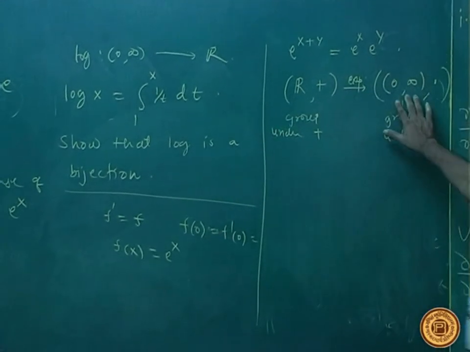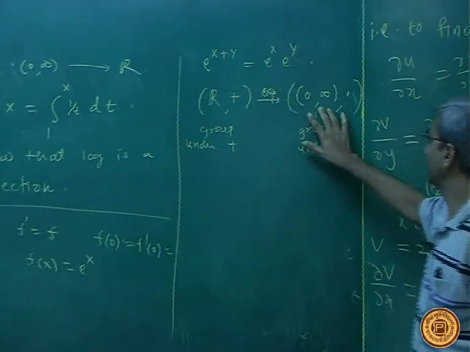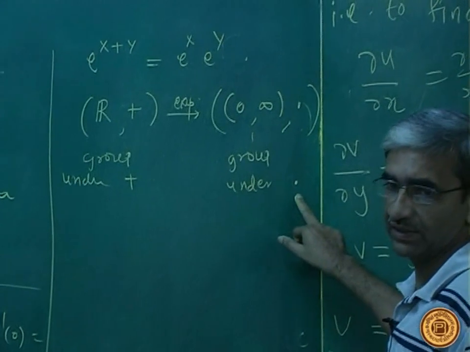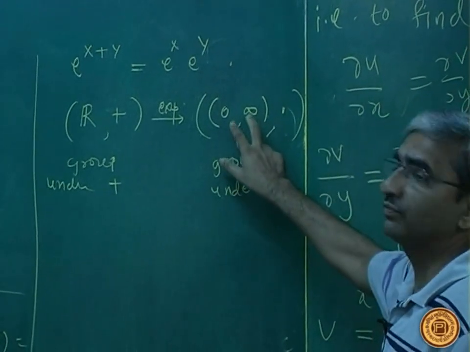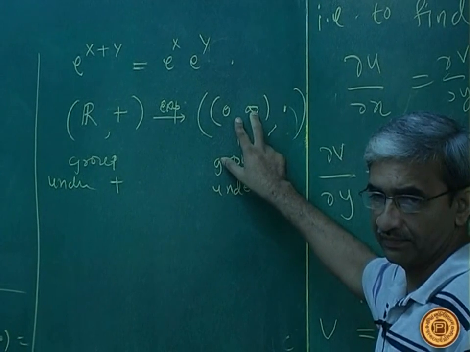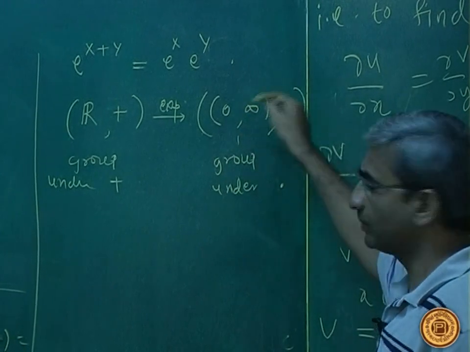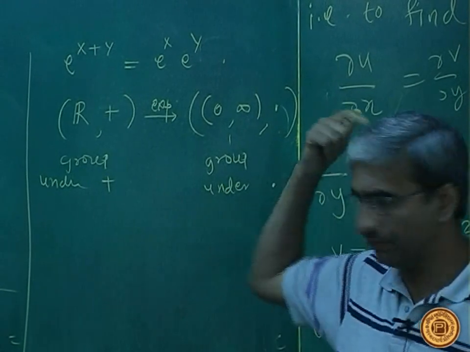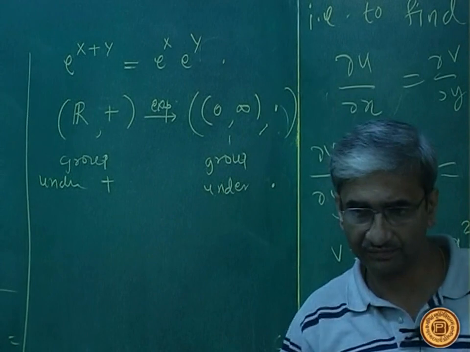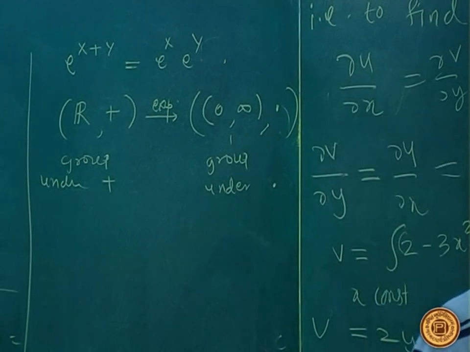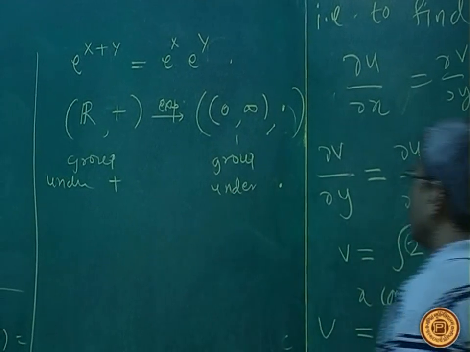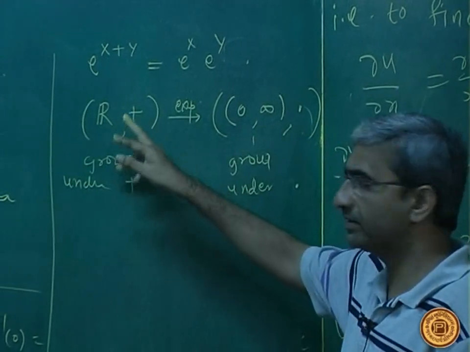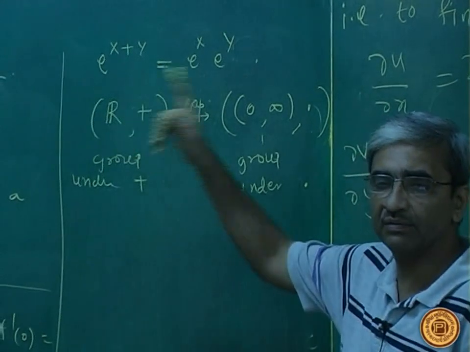See, remember, this is a group because, what is the identity element? The identity element is 1 under multiplication. If you take the product of two positive numbers, it is again positive, and the inverse of a positive number with respect to multiplication, so the inverse of 5 is 1 by 5, which is again in (0, infinity). So this is a group under multiplication, this is the additive group. So here identity is 0, inverse is negative.